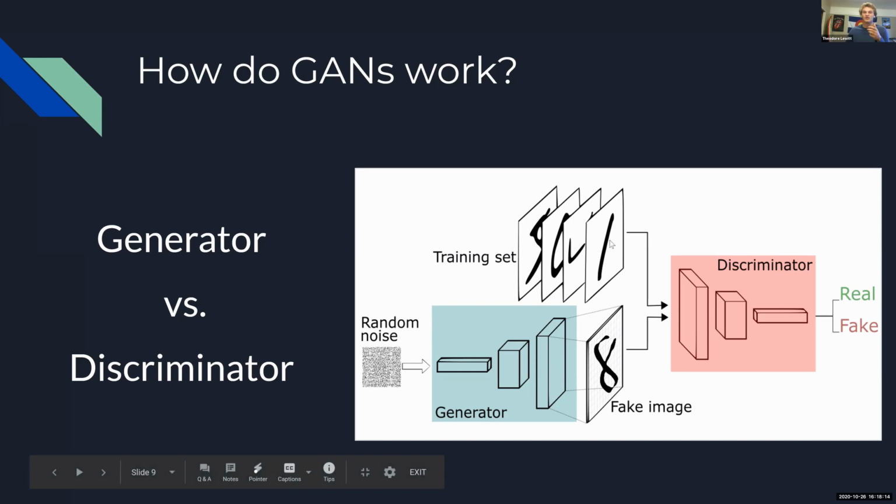So, for example, it'll look at this sort of dash from the training set, which could be a 7, could be a horizontal 1, and it'll say, that's real. Or it'll look at this 8 and say, that's fake, if it's a good discriminator. But if it's a bad discriminator, the fake image is going to fool it, and it's going to say, that's real.